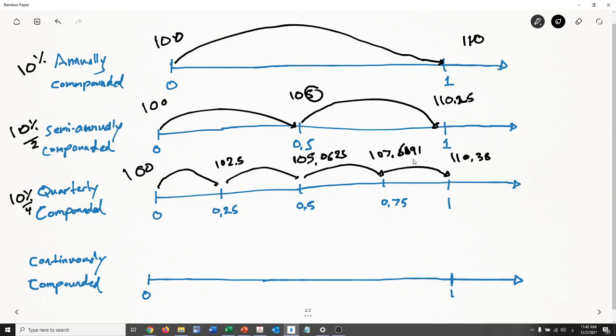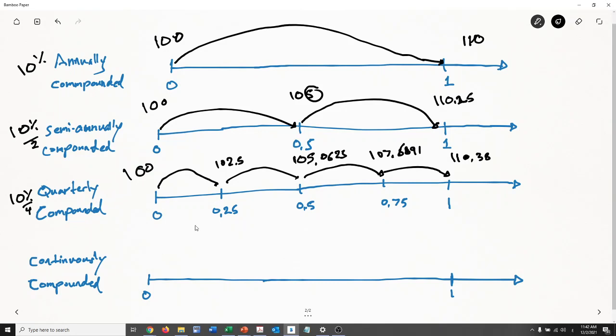So you notice that the effect of increasing the frequency of compounding means we will get, after the same period, a higher amount for our deposit or our investment. This is the effect of increasing the compounding frequency.